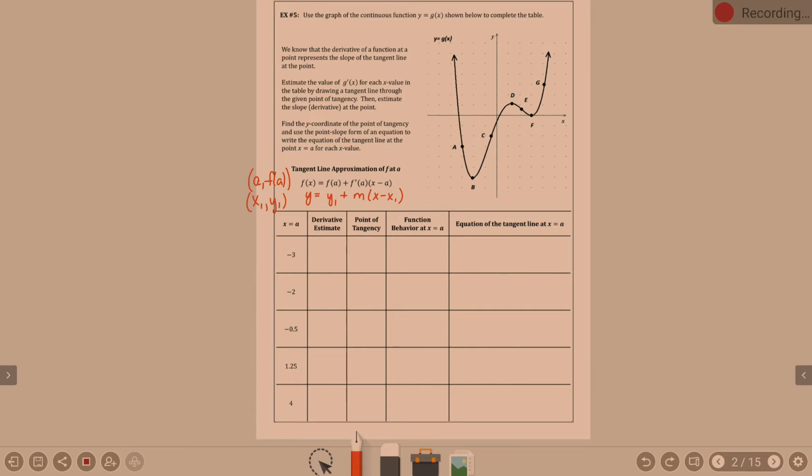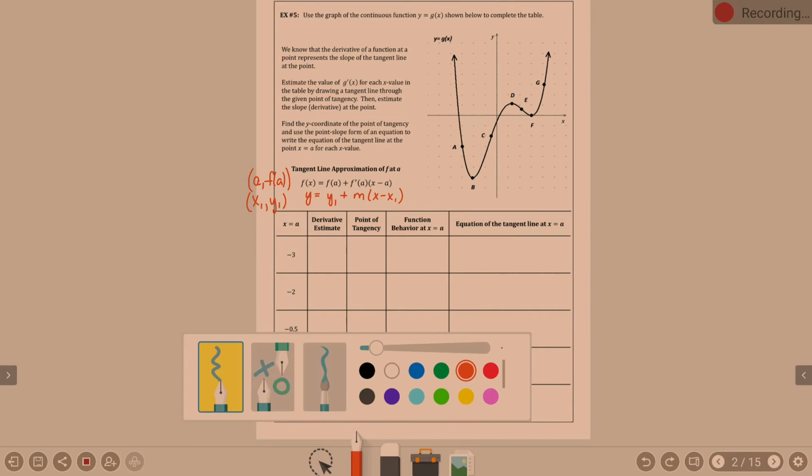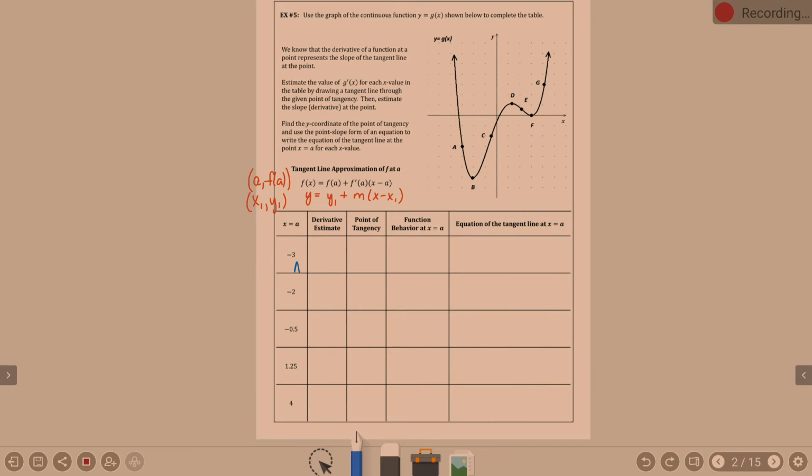I saw some rulers go out. X equals a, and our a value is -3. So we need to draw the tangent line here at point A. Can I get a ruler?